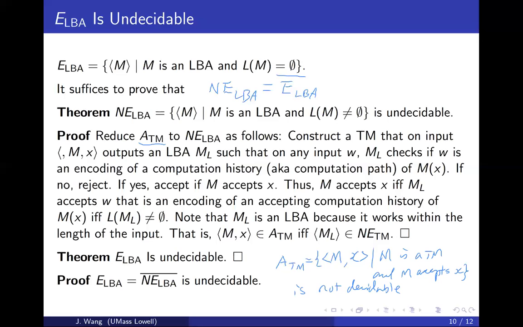So that means that this reduction will take this as input and produce an output that is an LBA. Let's call it M sub L. So what does M sub L do?